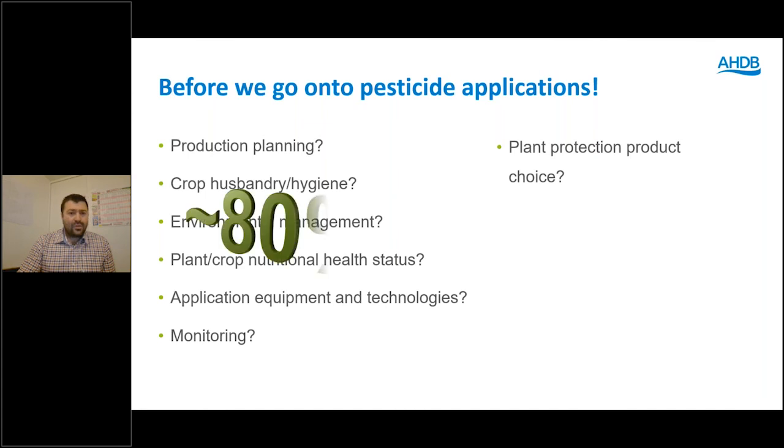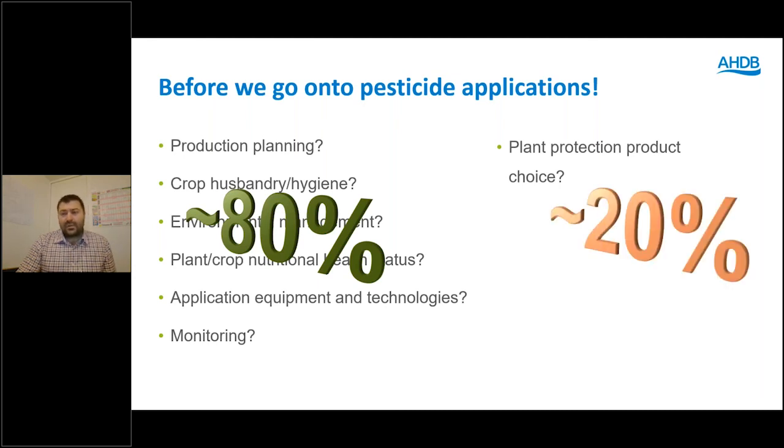However, I always go by the 80-20 rule. So 80% of everything on the left is really where you come to controlling your downy mildew, and only 20% comes down to the product choice and the program that you implement. The more we go into the future, I think the rule will become 90-10.